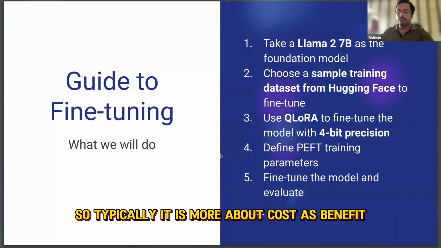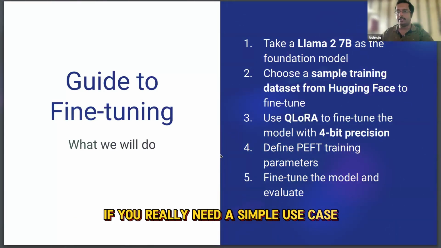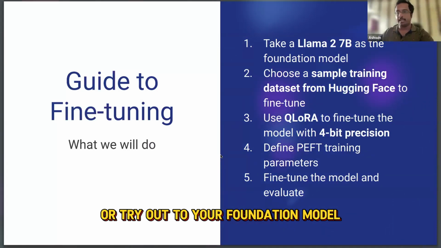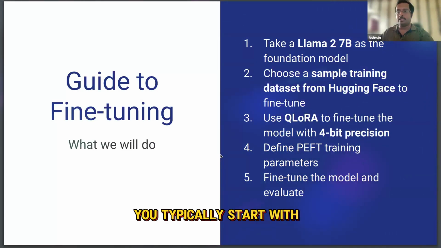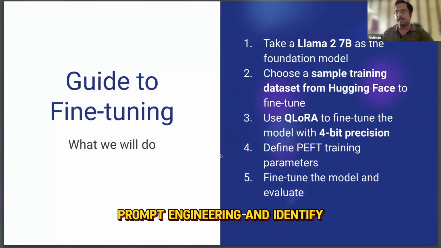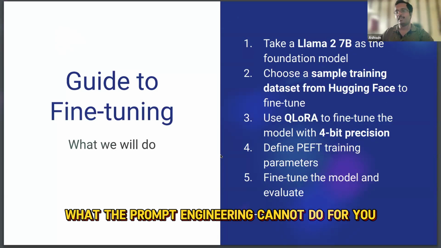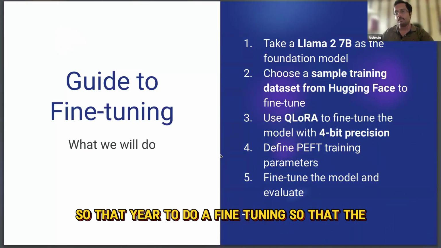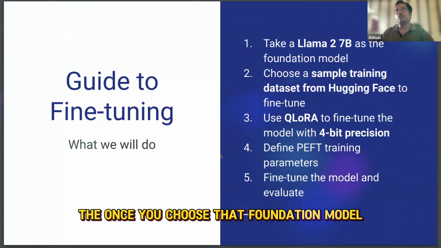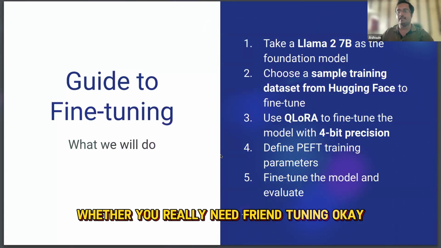Typically it is more about cost versus benefit. If you really need a simple use case or want to try out your foundation model, you typically start with prompt engineering and identify what prompt engineering cannot do for you, so that you have to do fine tuning. So once you choose that foundation model, the next step is to see whether you really need fine tuning.